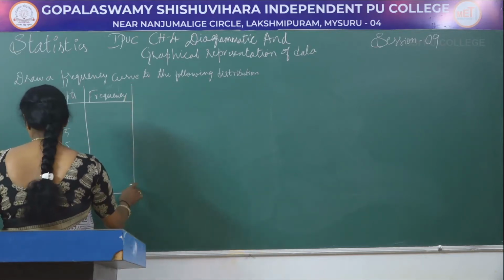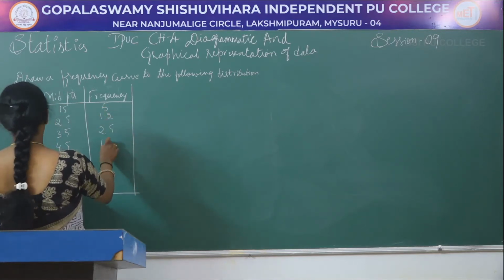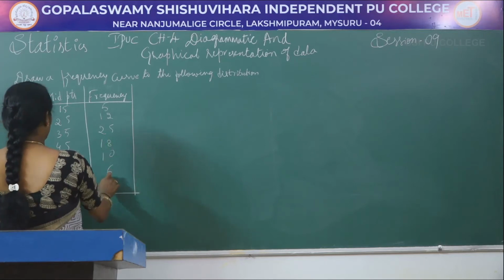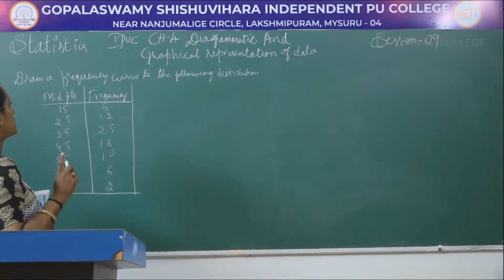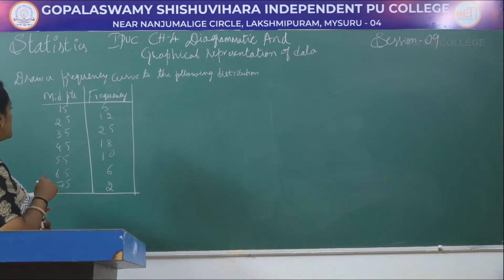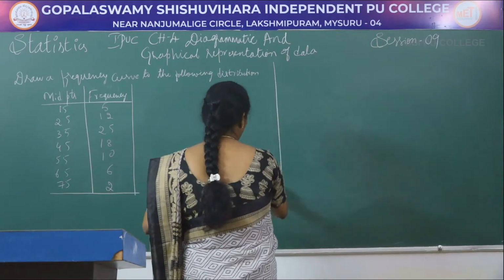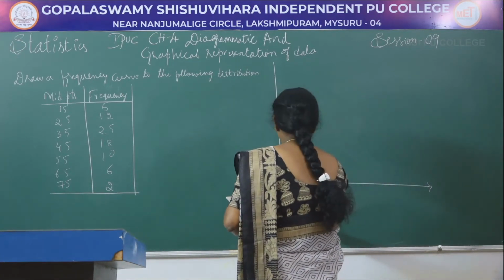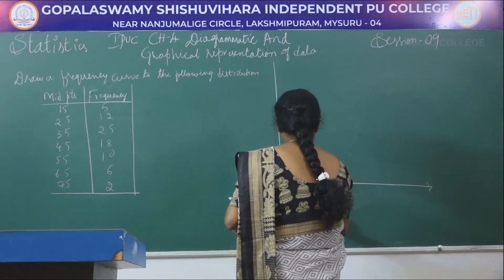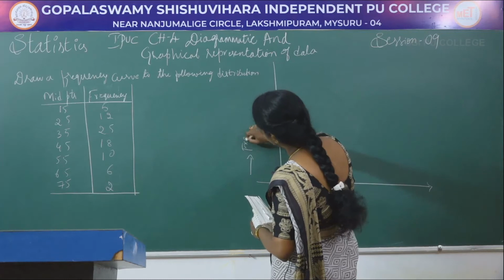Frequency: 5, 12, 25, 80, 10, 6, 2. So for this we have to draw the frequency curve. Here they have given the midpoints and the frequencies. So here I'll write the midpoints, and in this it is frequency.